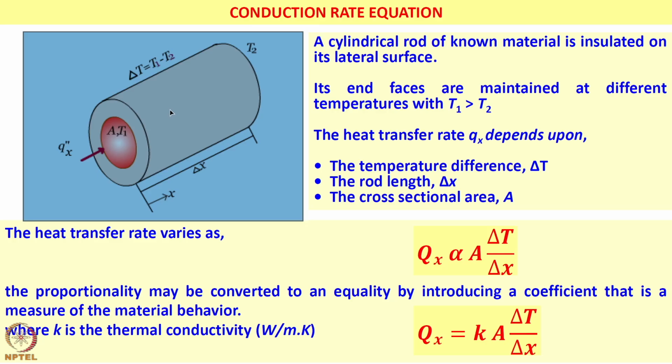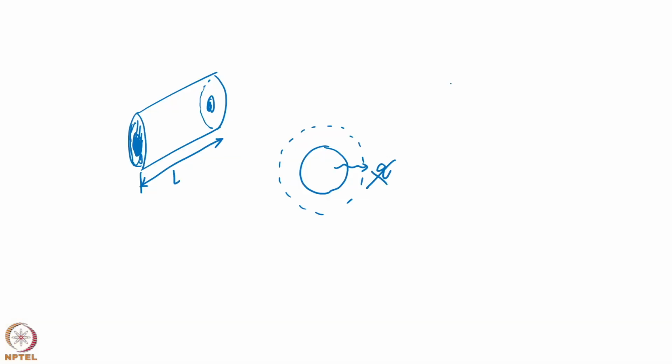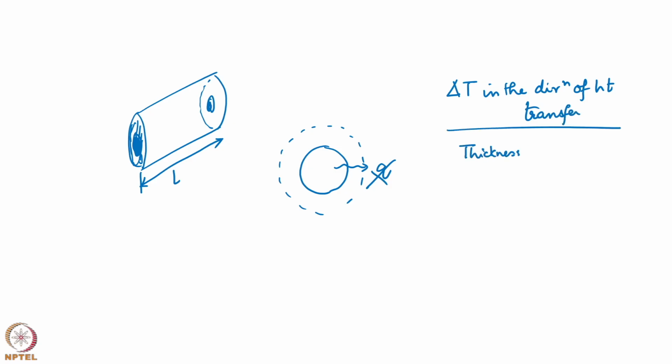Either way, the key thing for you to note is the temperature difference in the direction of heat transfer, divided by the thickness in the direction of heat transfer, thickness or radial delta r, whatever, that is the key.